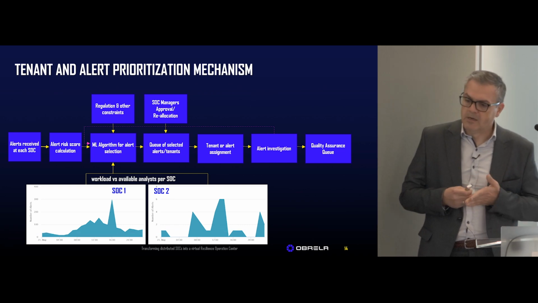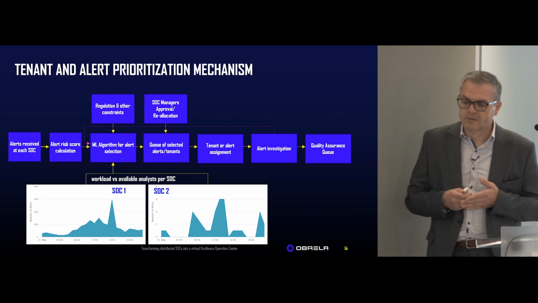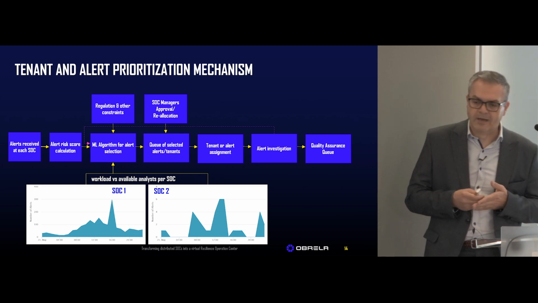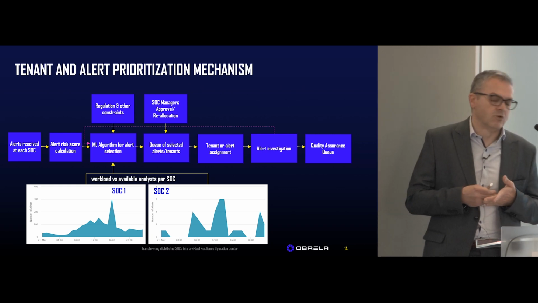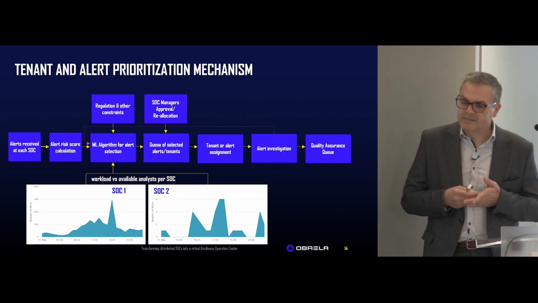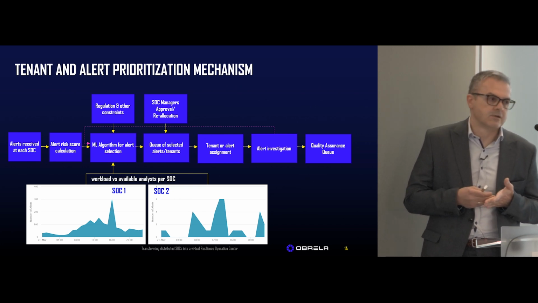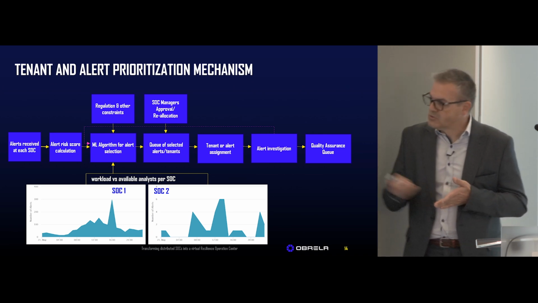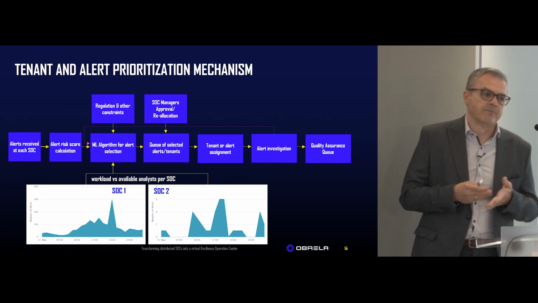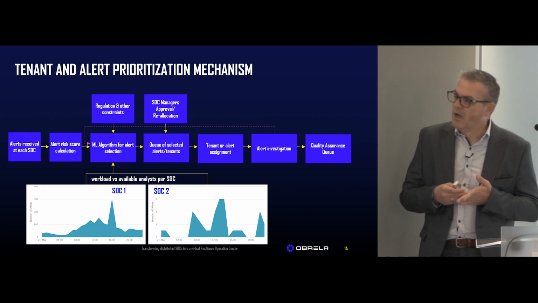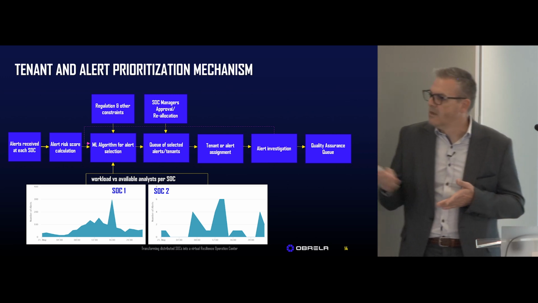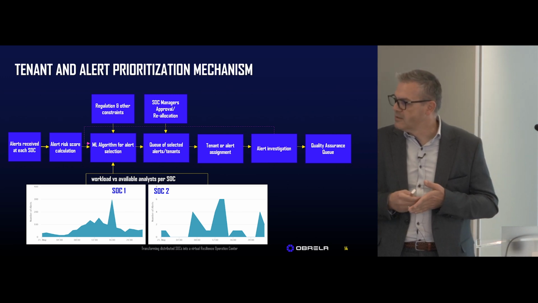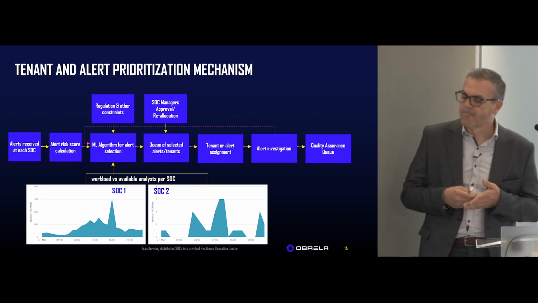On top of SOCstream's SOAR capabilities, and as part of ongoing work in Obrela, we have been enhancing the alert management mechanisms of SOCstreams to optimize the alert prioritization and support dynamic assignment of alerts to analysts. So the embedment of a machine learning-driven alert prioritization mechanism directs the analyst's attention to the right customers, the right alerts and risks, so that they proceed to handle them in priority.